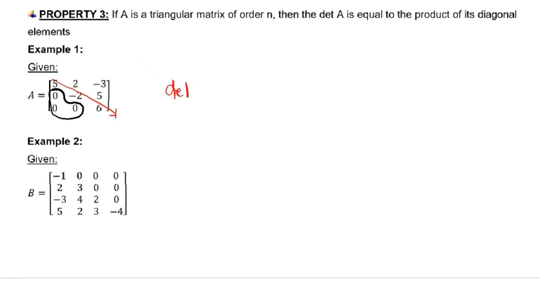So determinant of A is equal to 5 times negative 2 times 6. That is equal to determinant of A is equal to negative 60. So, yan na yung magiging determinant natin if our given matrix is a triangular matrix, upper or lower.